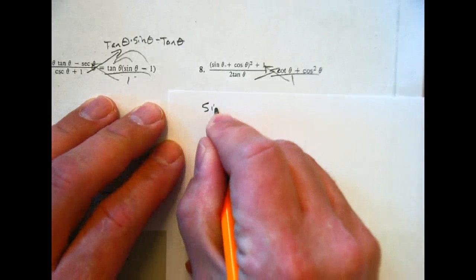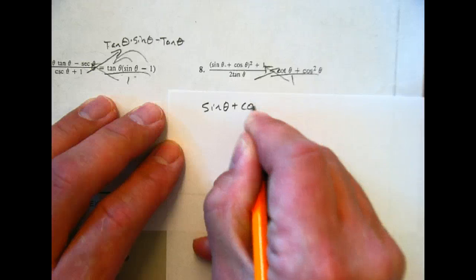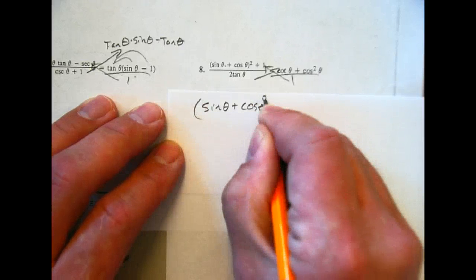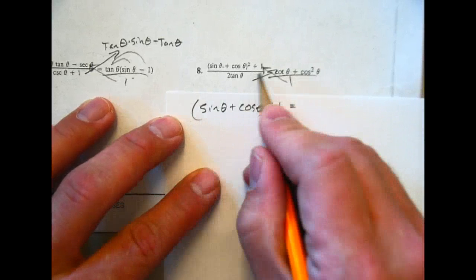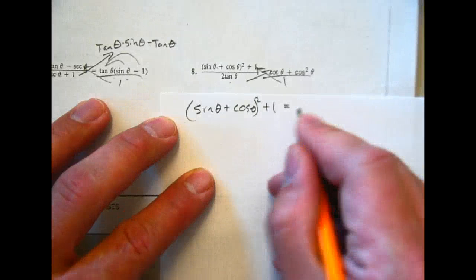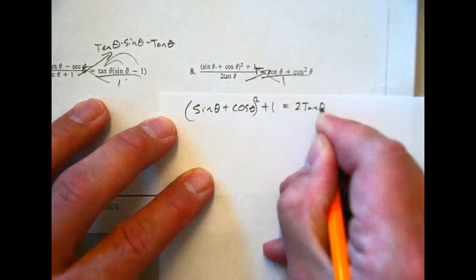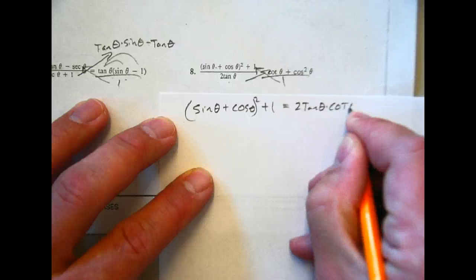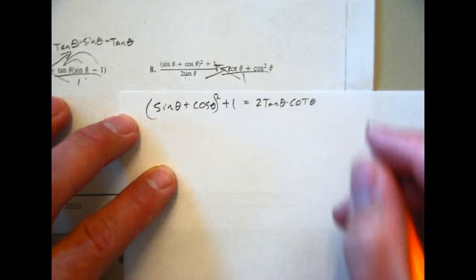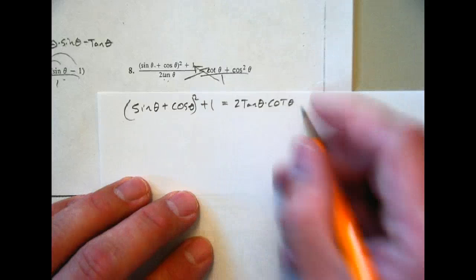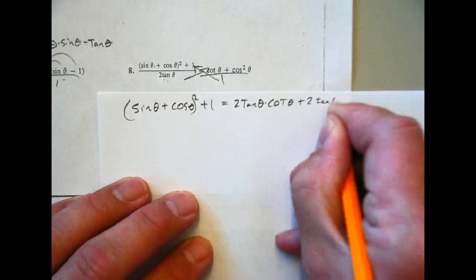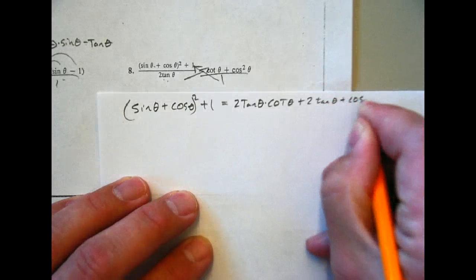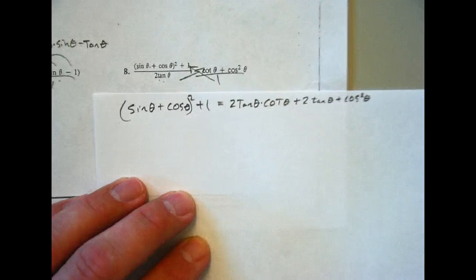It's going to give me sine theta plus cos theta, quantity squared, plus 1 equals 2 tan theta times cotan theta, and then 2 tan theta plus cos squared theta. All right, so that's what I get after I cross multiply.